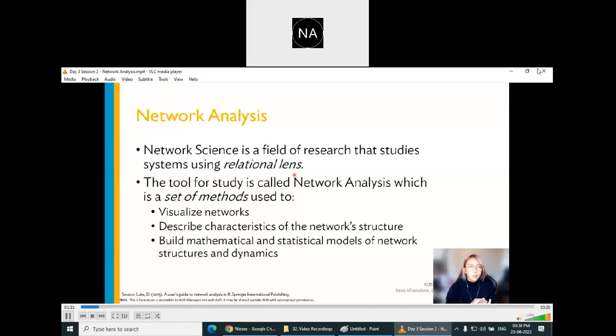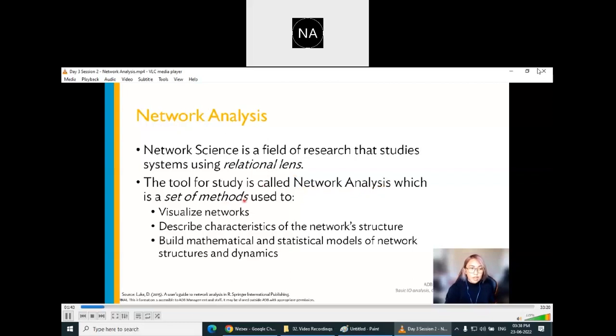So examples of data or systems are social networks, biological networks, and computer networks. Looking at these three using a network point of view provides a common language to describe all of them.